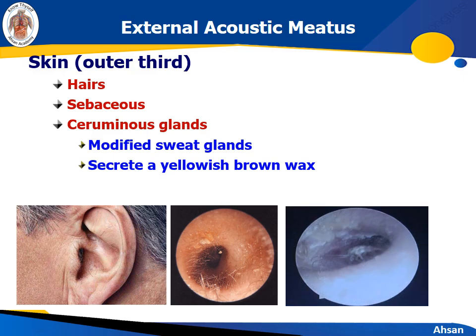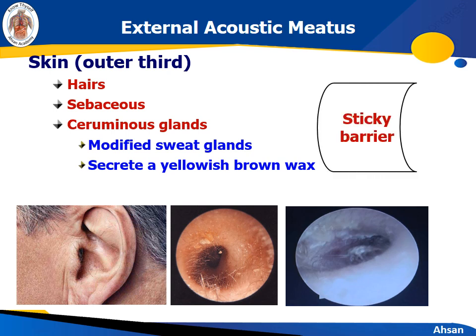You can see this here, and this wax together prevents the entry of bad elements, including dust and living insects. That's why it is known as a sticky barrier to the external acoustic meatus.